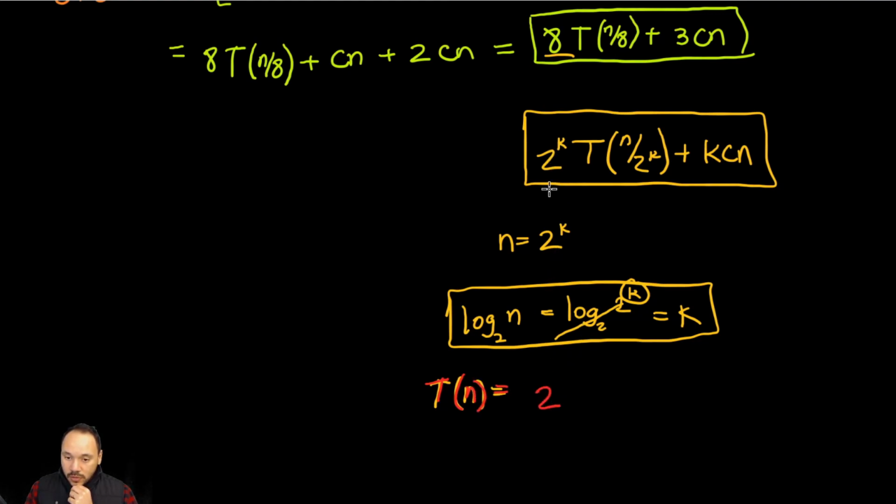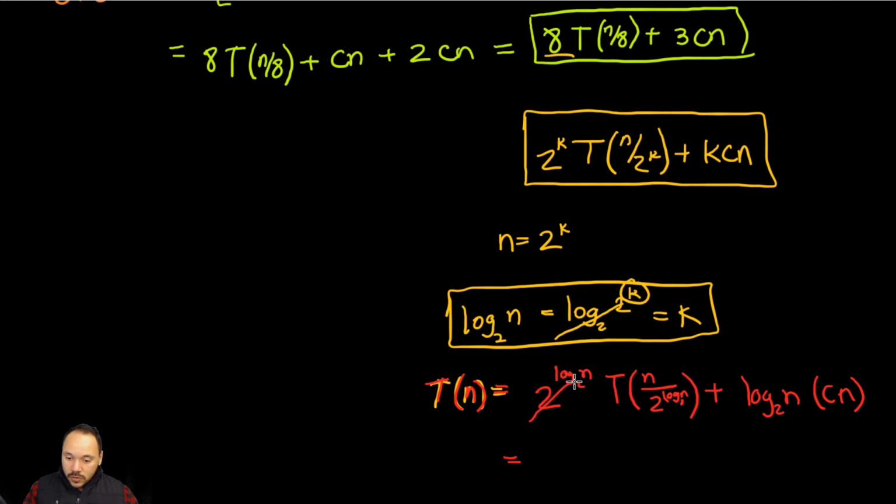So we have 2 elevated to k, and k we know is log n, and then we have Tn by 2 elevated to log n, both are base 2, plus we have k Cn, and then we have that k is equal to log base 2 of n, right, by Cn. So what do we have here?